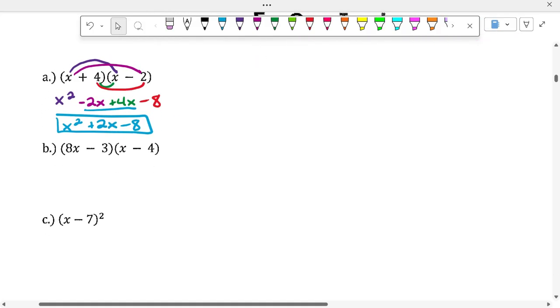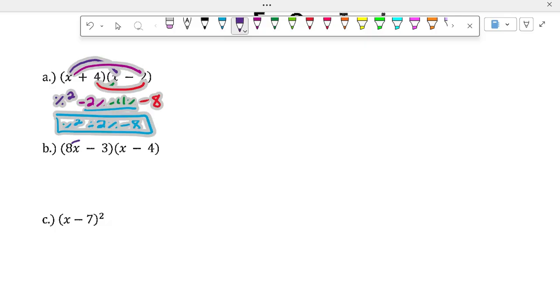All right. Now, the second one. What do I multiply together first? Positive 8x times x, which is what? 8x squared. What do I do next? 8x and negative 4, which is what? Negative 32x.